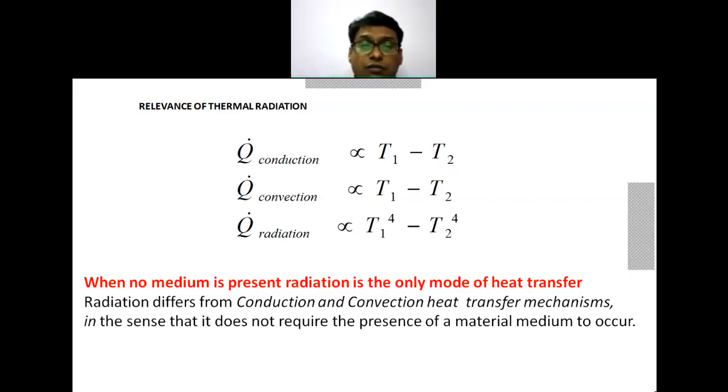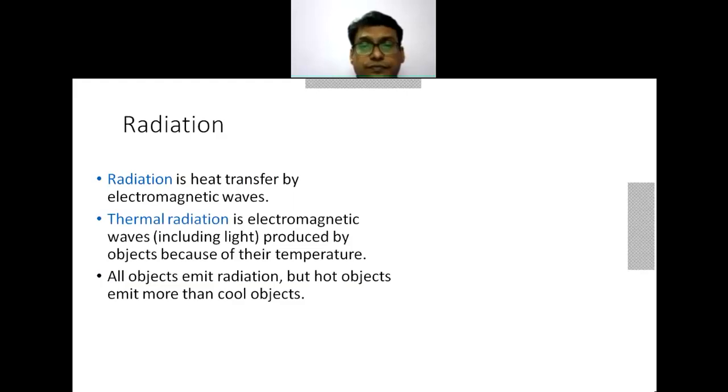Outside the earth, in space, there is no medium, it's a vacuum, but the energy is transferred. So radiation, or the waves, can be transmitted. This radiation differs from the conduction and convection heat transfer mechanisms in the sense that it does not require the presence of a material or medium to occur.